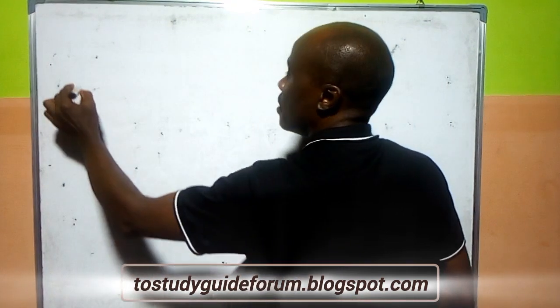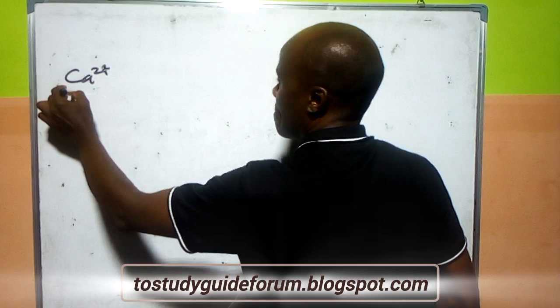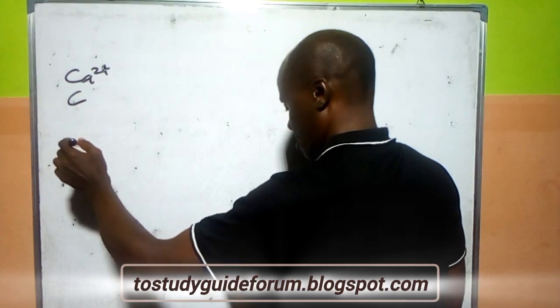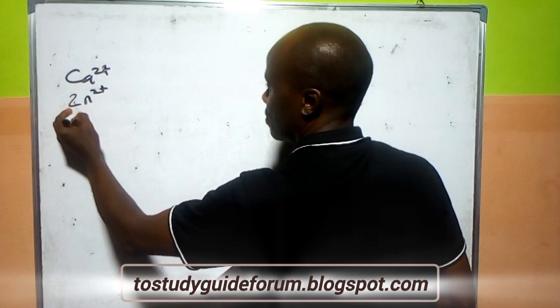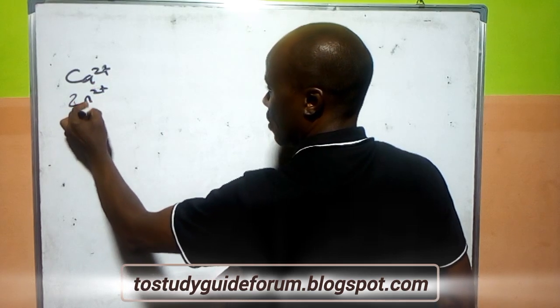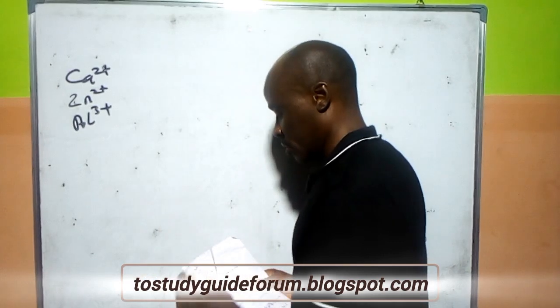Now, based on this, normally in the exam we are writing, we test for calcium ion. Also, we have zinc ion, aluminium ion. That's for cations, and that's what I really want to deal with today.